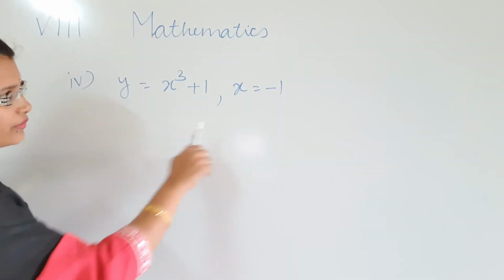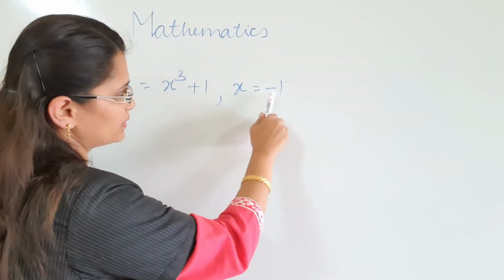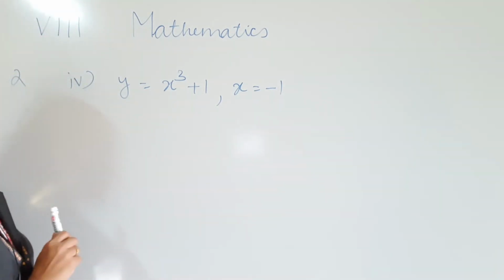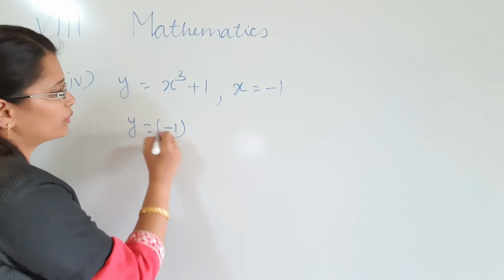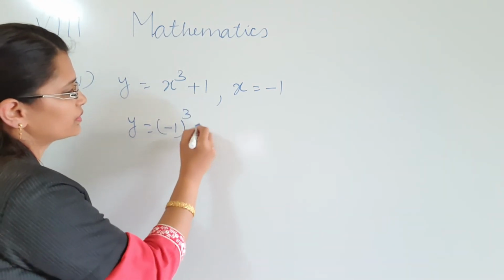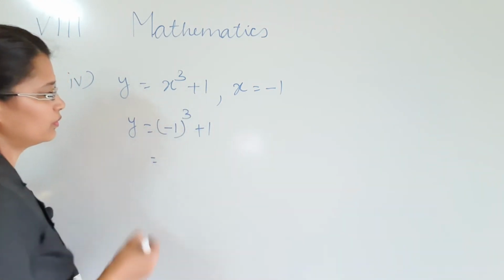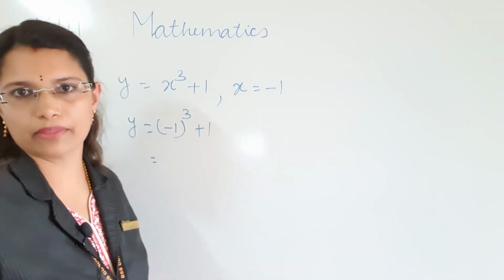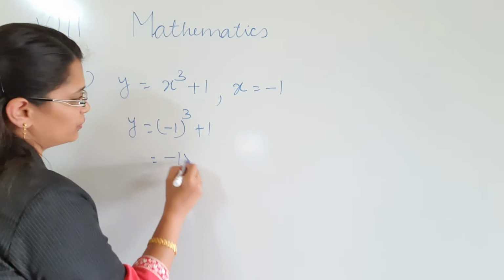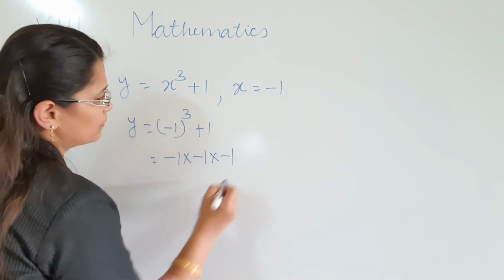So children, here we have to substitute x equal to minus 1 here. So minus 1 whole cube plus 1. Minus 1 whole cube means how many times we have to multiply minus 1? Minus 1 into minus 1 into minus 1.